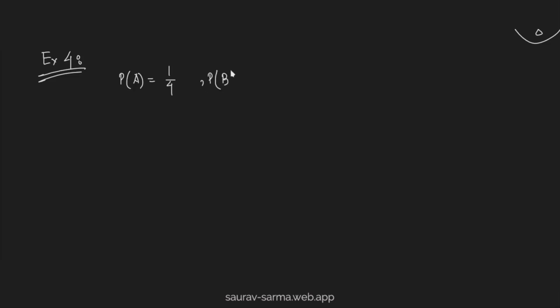Probability of B given A is equal to 1 by 2, and probability of A given B is equal to 1 by 4.